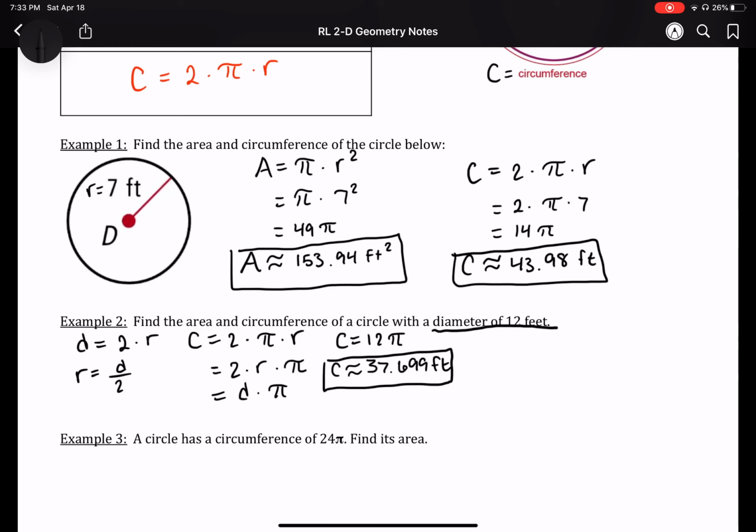And now we have to find our area. For our area, you do have to find the radius. So diameter divided by 2, 12 divided by 2 is 6. So that's the radius.